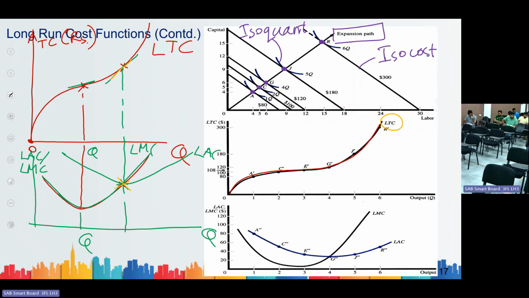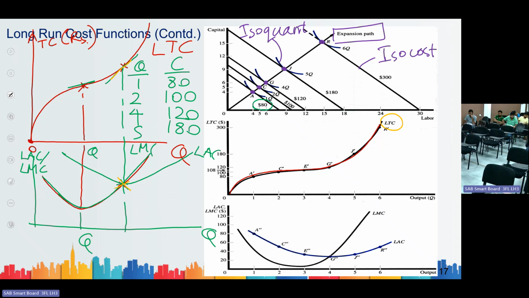And the corresponding cost values: to produce 1 unit, the cost is 80. To produce 2 units, the cost is 100. To produce 4 units, the cost is 120. To produce 5 units, the cost is 180.